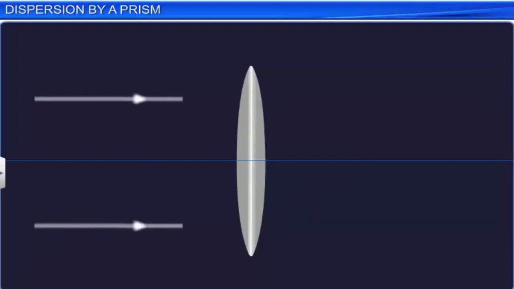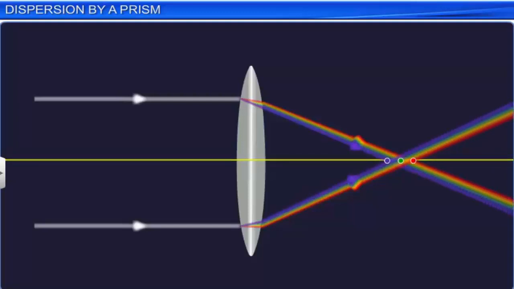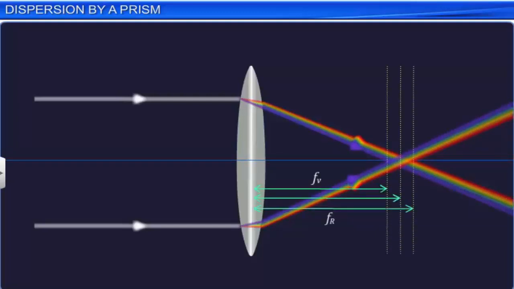As a result, rays of different colors are focused at different points on the principal axis. Hence, the focal length of the lens is different for different colors. The red rays have a maximum focal length, whereas violet rays have minimum focal length.